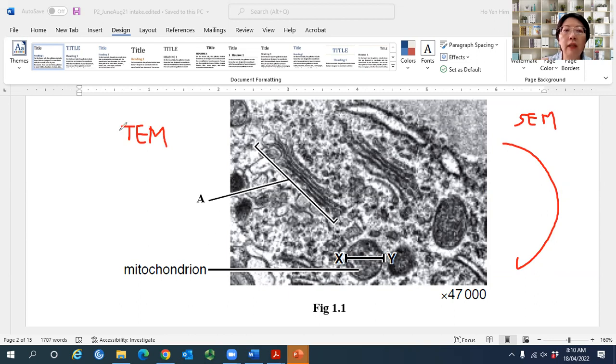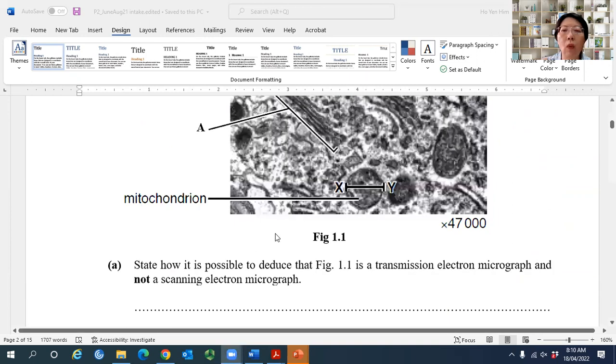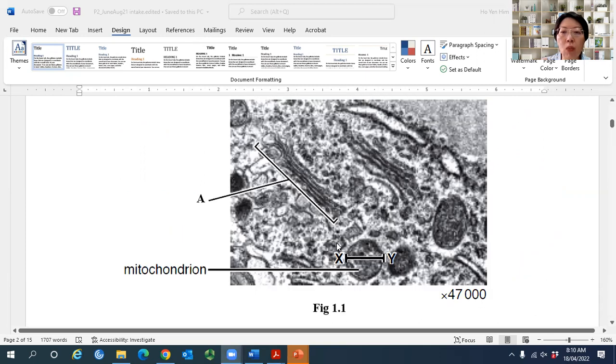Therefore, the electrons pass through the entire cell, and whichever part is electron dense will appear as a dark color. So you can see the structure inside the cell. As long as you tell me at least one structure that you can see in figure 1.1, you will get the mark.